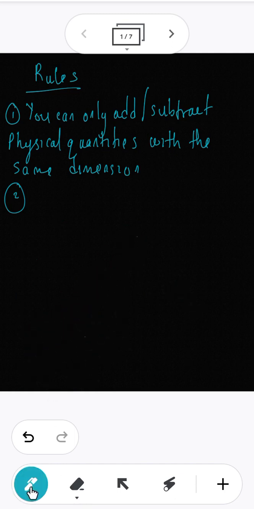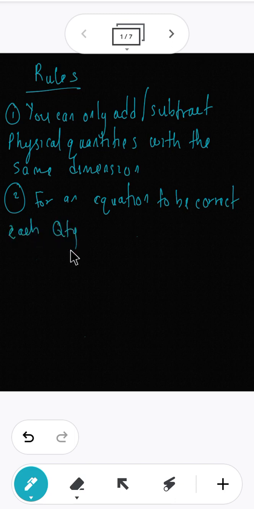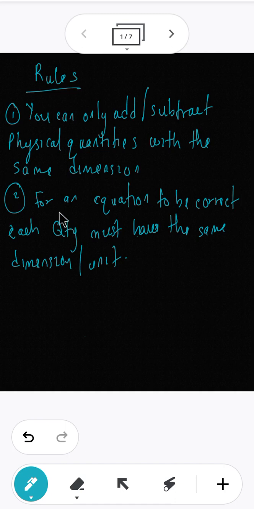The second rule is that for an equation to be correct, each quantity must have the same dimension or unit.